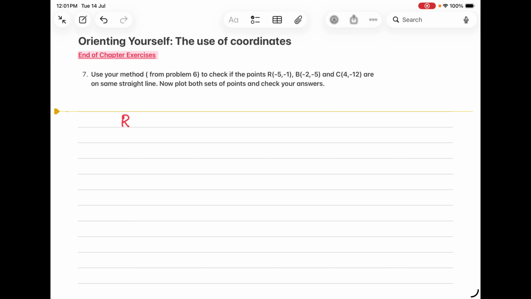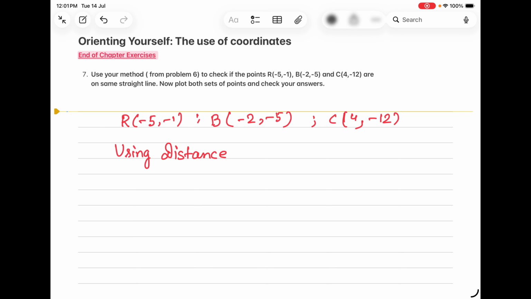R is minus 5, minus 1, B is minus 2, minus 5 and C is 4, minus 12. So using distance formula, first find RB. R and B, so x1 y1, x2 y2.